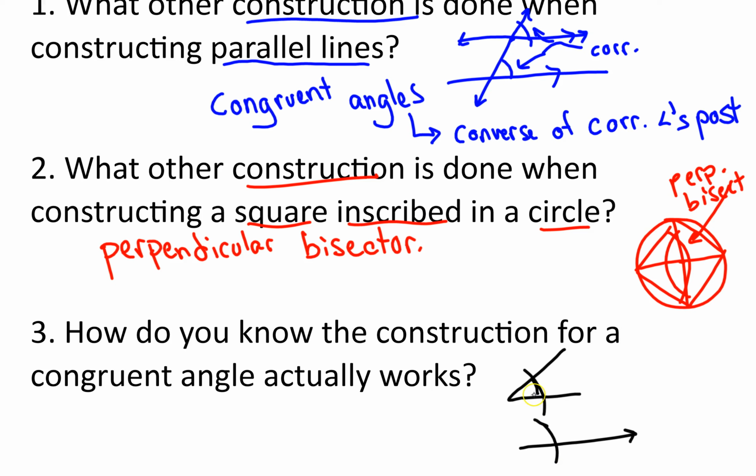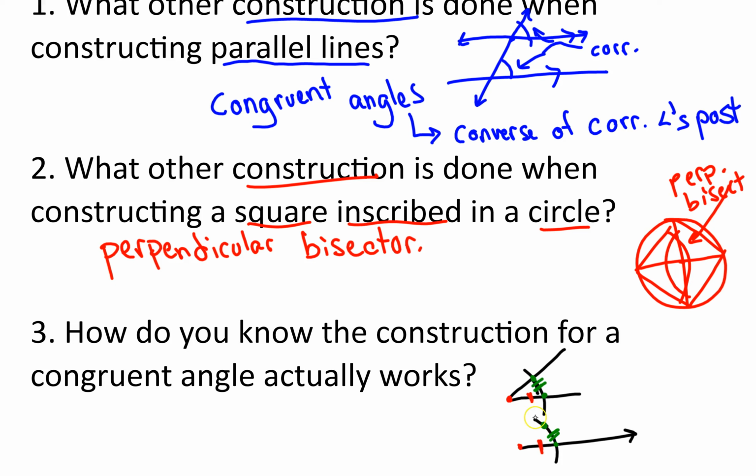So now we've got a congruent piece here and here from that vertex of the angle. Then what we did was we found the distance between that point of intersection and that point of intersection, and we duplicated that down here. So now we have this congruent piece here.